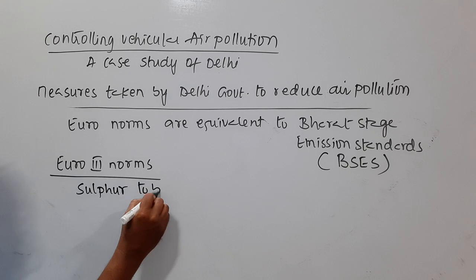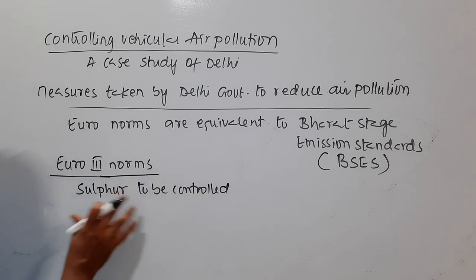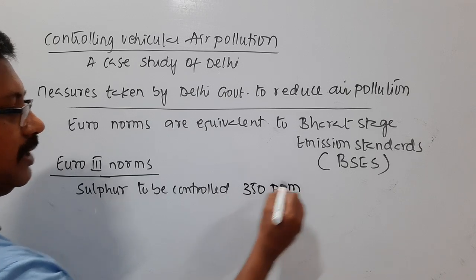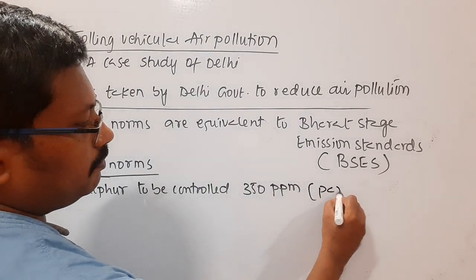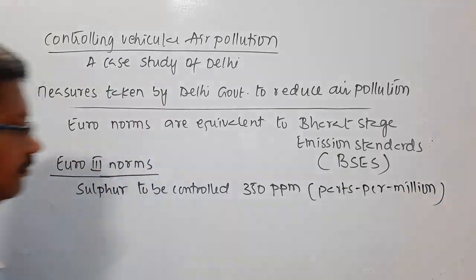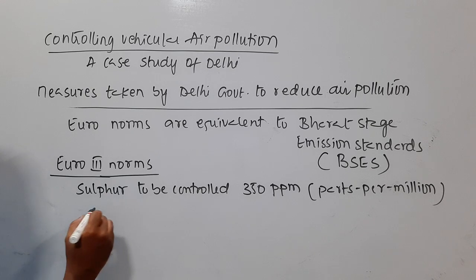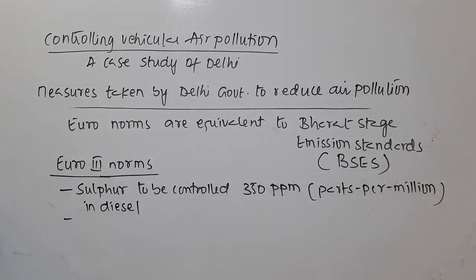We need to reduce the sulfur content to 350 ppm, where ppm stands for parts per million. This sulfur should be controlled to 350 ppm in diesel.